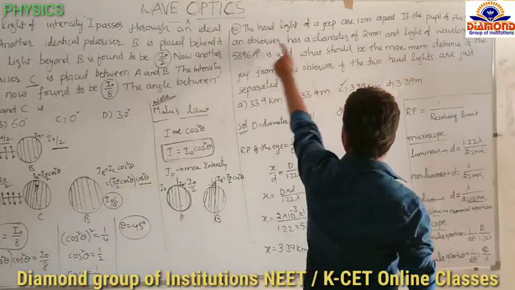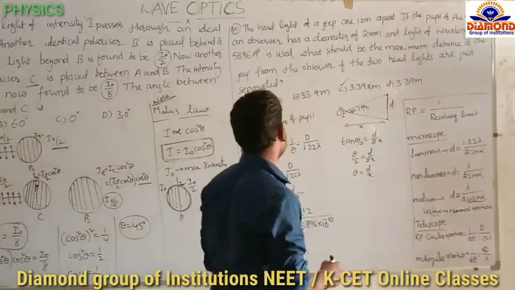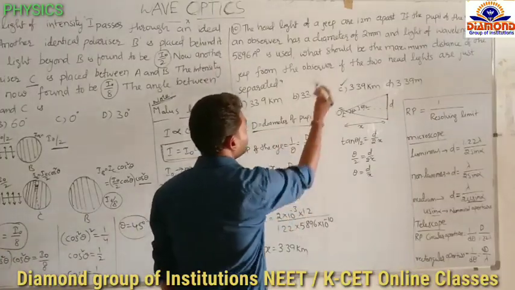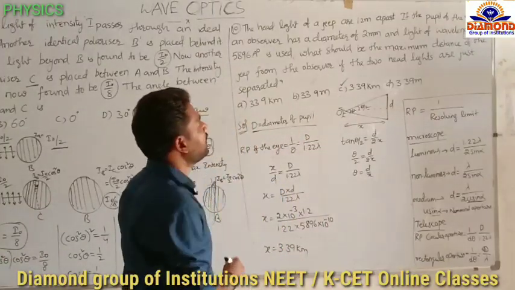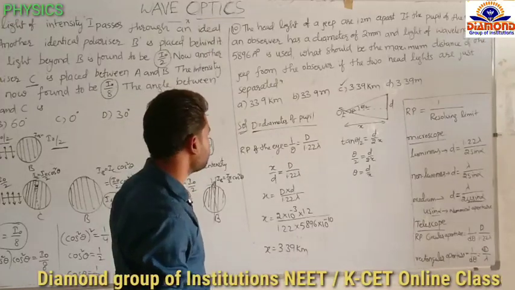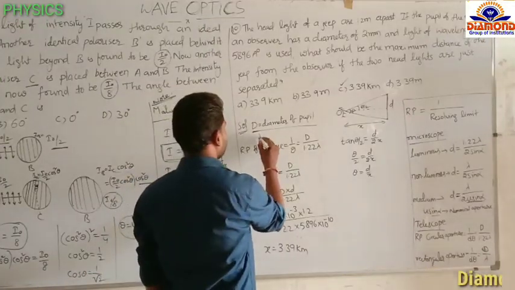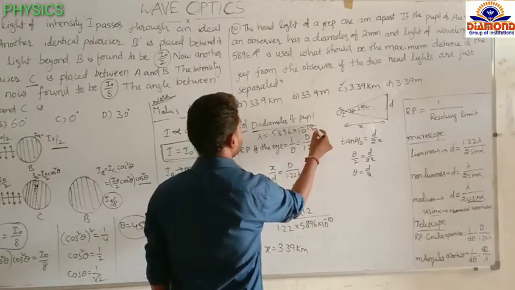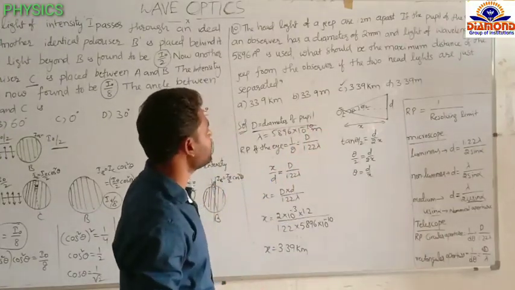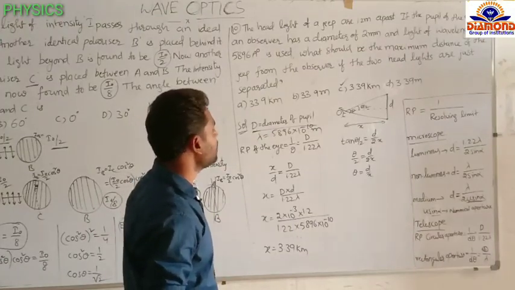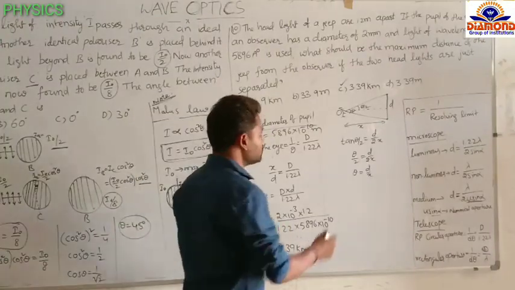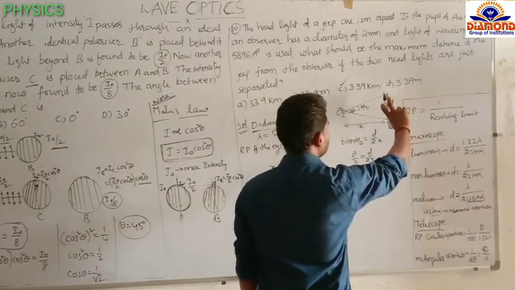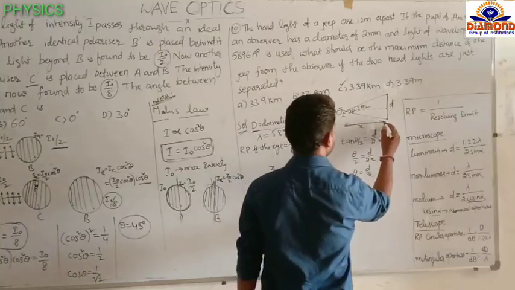If the pupil of the eye of an observer has a diameter of 2 millimeters, the symbol is capital D and the value given is 2 millimeters, and light of wavelength 5896 angstrom is used, meaning 10 power minus 10 meters. What should be the maximum distance of the jeep from the observer if the two headlights are just separated? To see the headlights separately, this x we have to find.